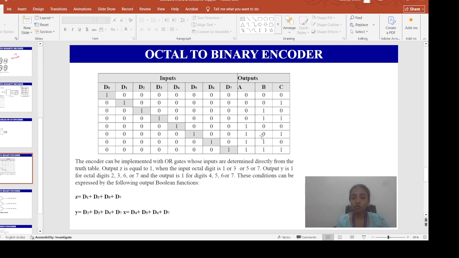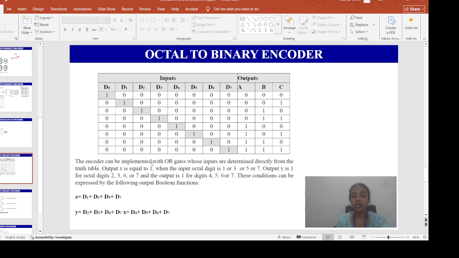Output Y or B is 1 when D2, D3, D6 and D7 are 1. Output A or X is 1 when D4, D5, D6 and D7 are 1.